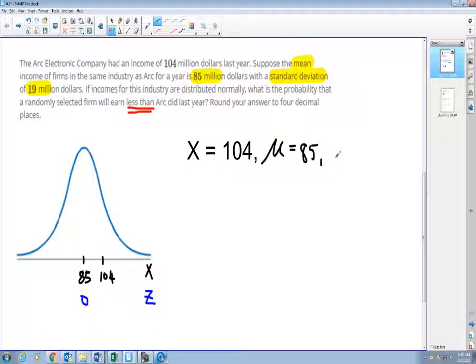My standard deviation sigma is 19. And what I'm looking for is less than, so that will be to the left. We have to figure all of this out before we begin looking for what is less than. So that's looking for everything to the left of 104.